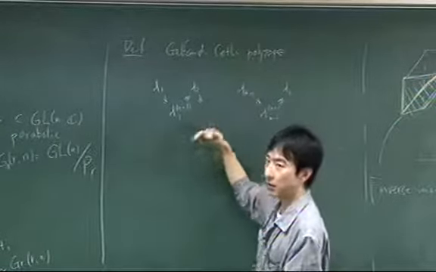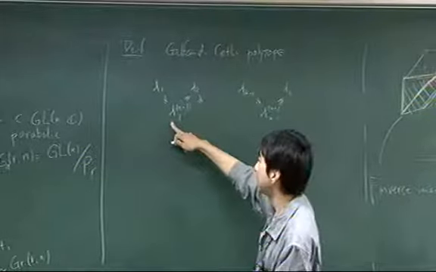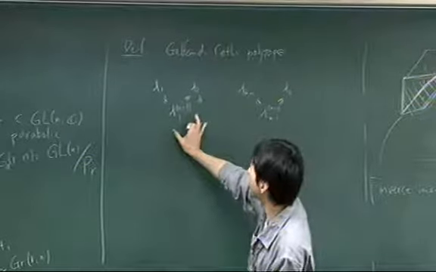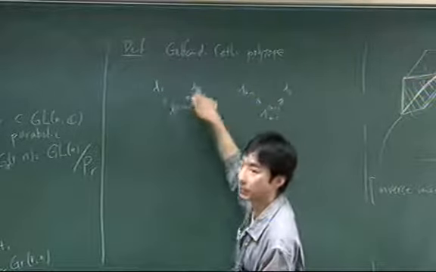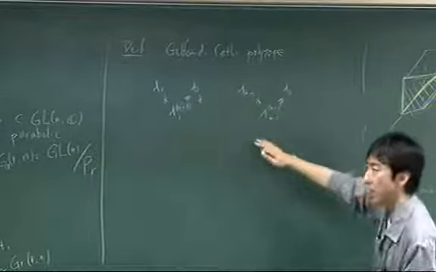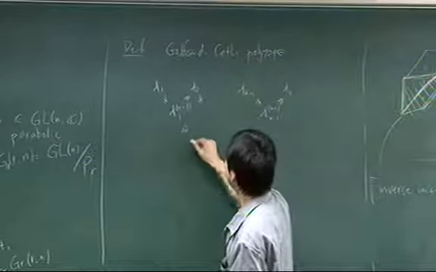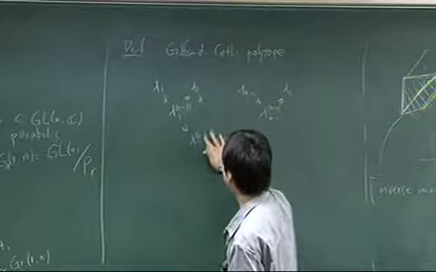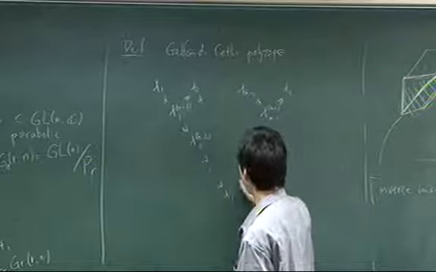When we consider the size n minus 1, then these eigenvalues satisfy these inequalities. So the first eigenvalue has to be contained between lambda 1 and lambda 2 and so on. This is just simple linear algebra. Then repeating this process, down to sizes 2, 1.